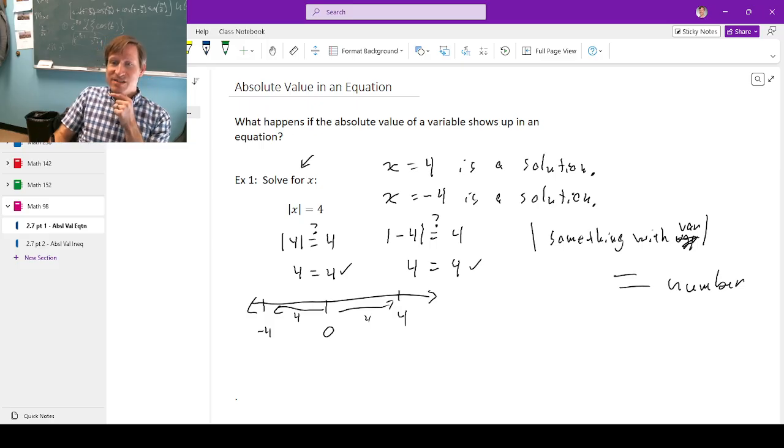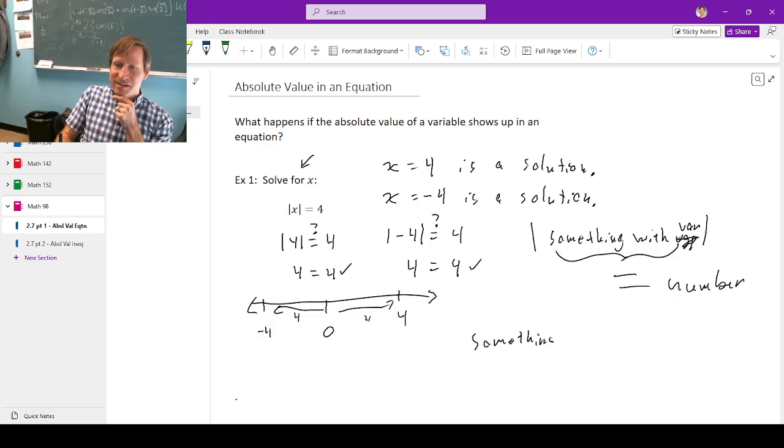We could have the stuff inside, so the something, whatever it is, equals the number, or we could have that same something equals the negative of the number. Right? So you can see that happening here.